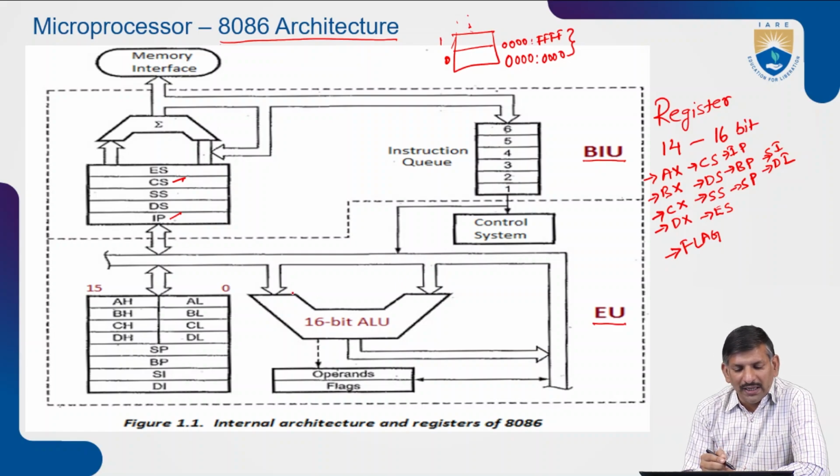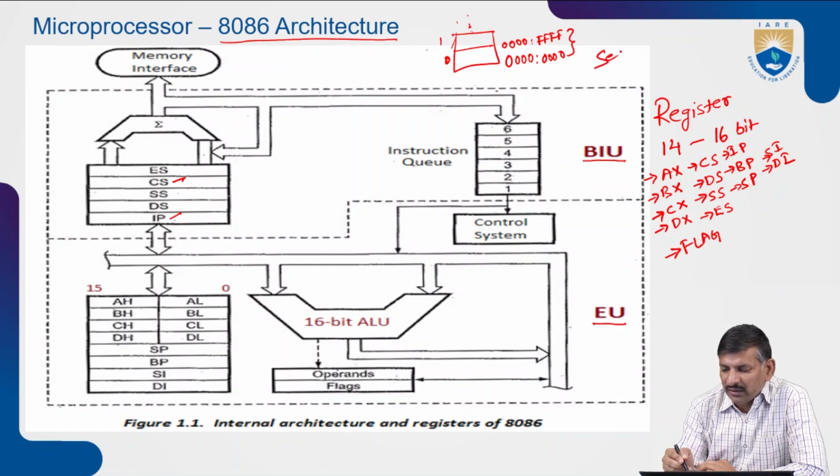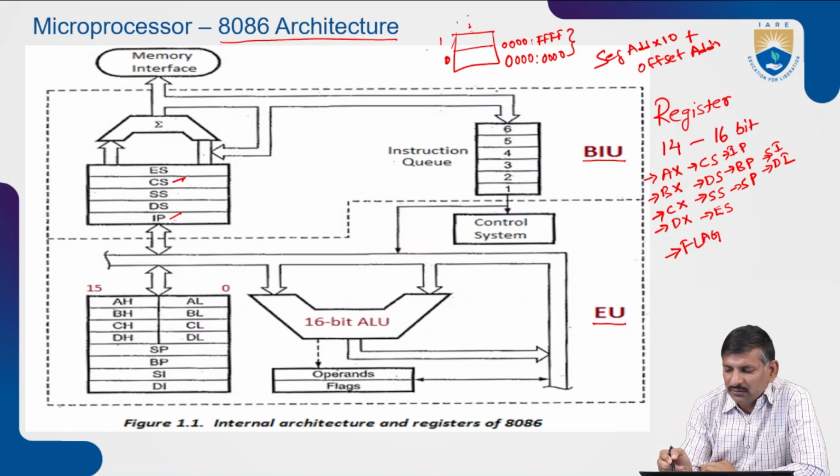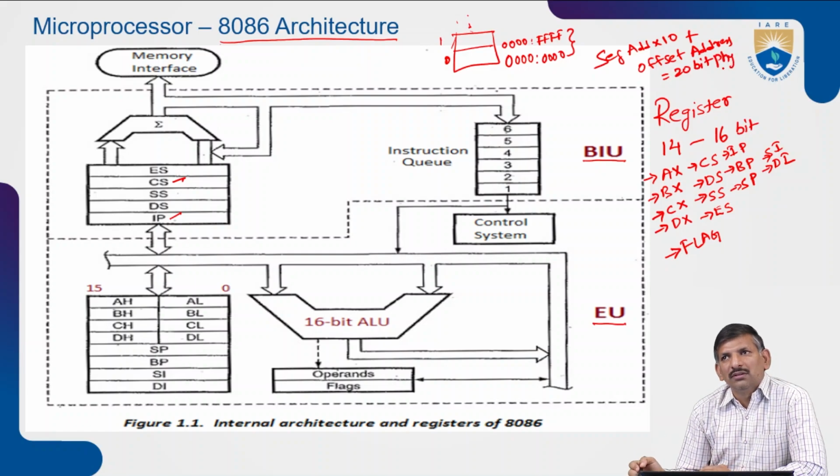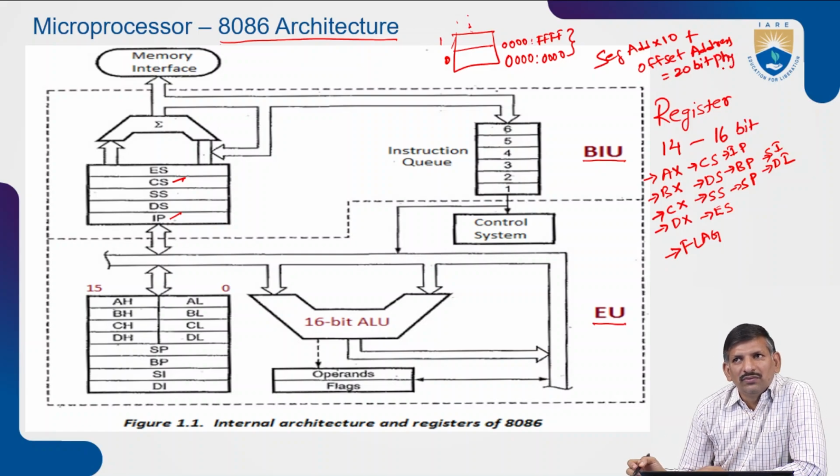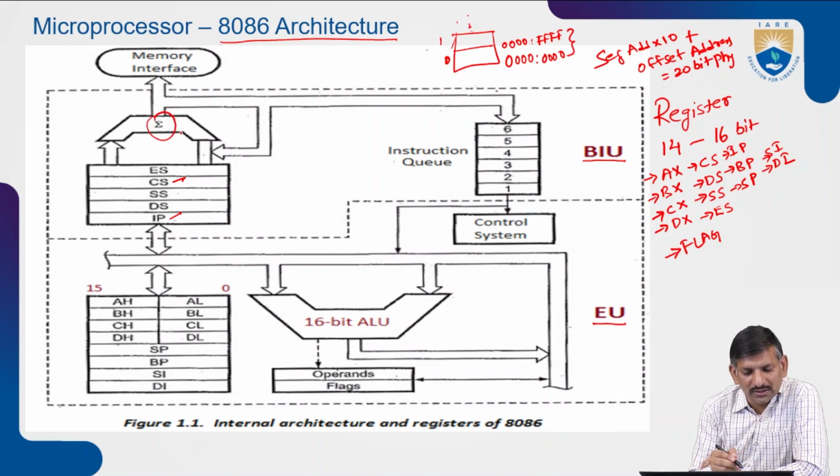Then we can calculate the 20-bit physical address. Segment address into 10 plus offset address is equal to the 20-bit physical address. So here we can do the calculation, addition: segment address into 10 plus offset address.